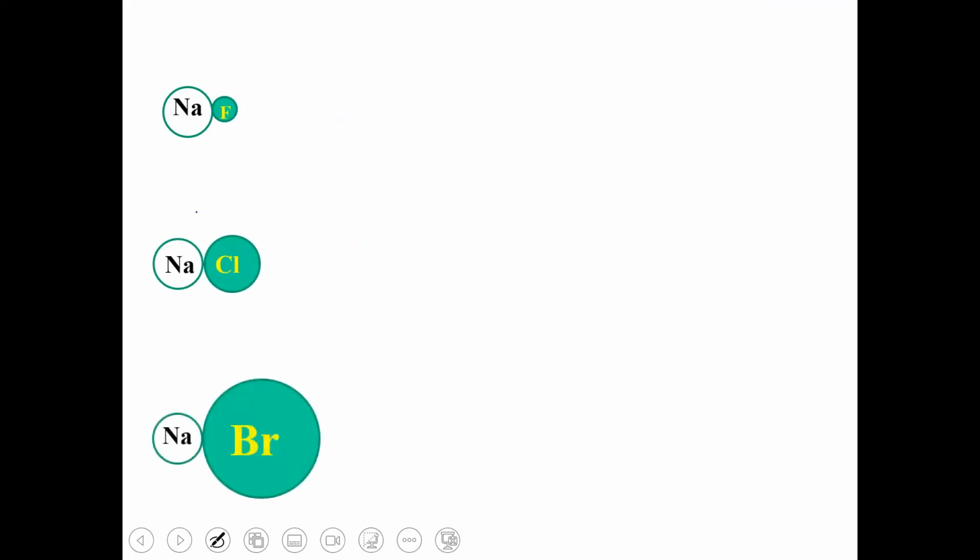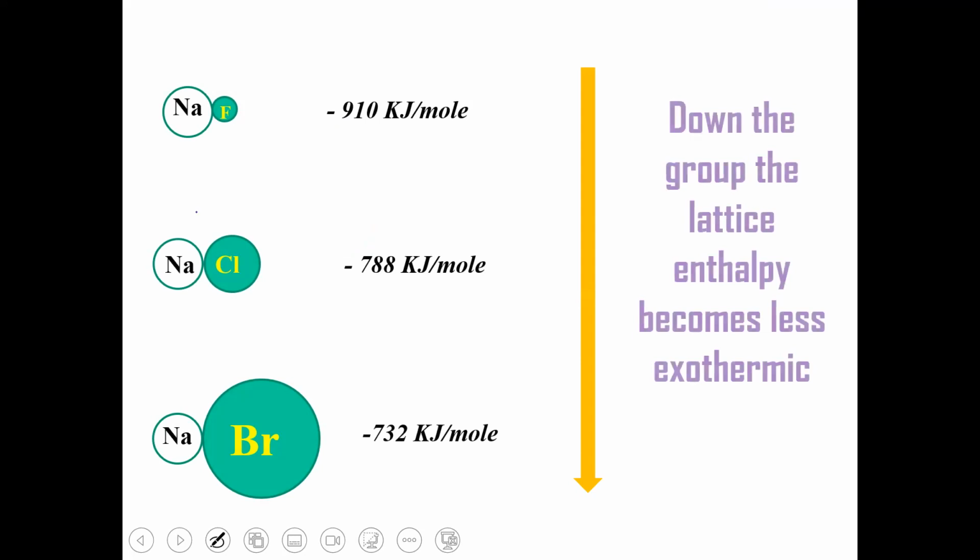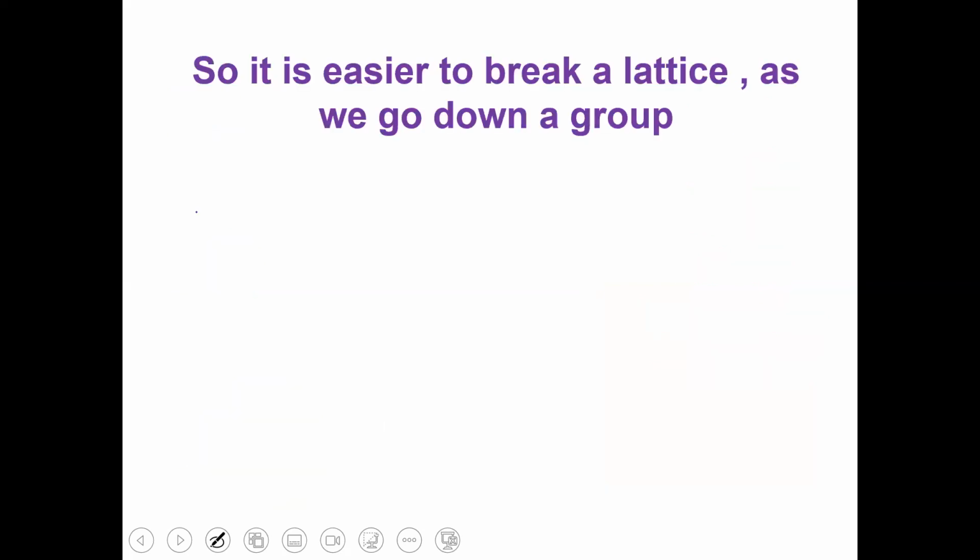Look at this example and the values getting less exothermic. Down the group, lattice enthalpy becomes less exothermic. So it is easier to break a lattice as we go down the group. You have to copy this screen now.